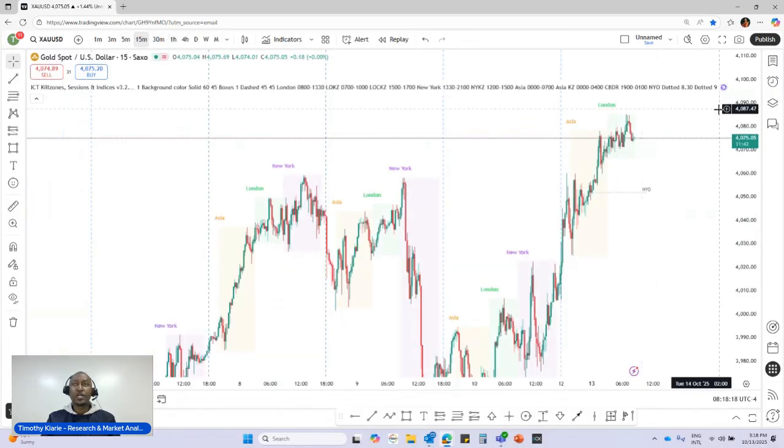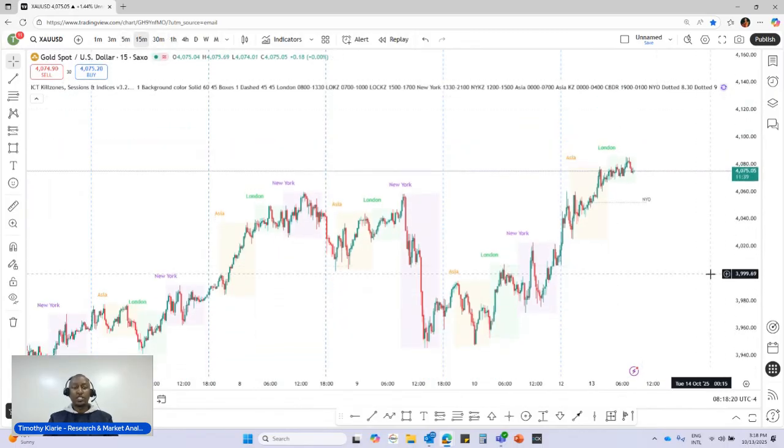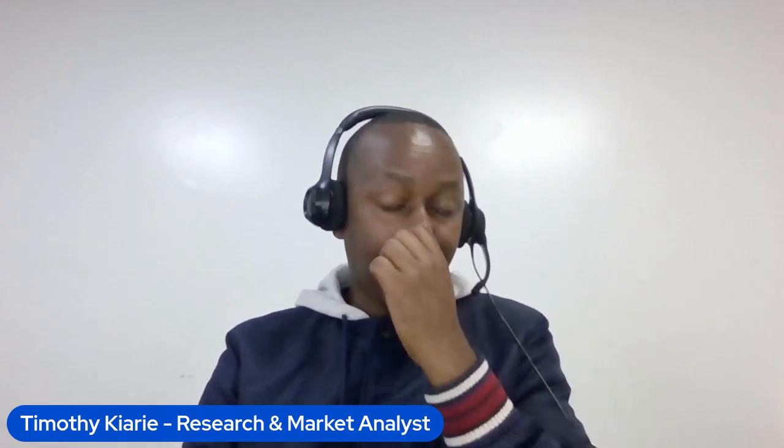So we are talking about pullbacks. What is a pullback in the financial market? Before we look at the charts, it's important to understand pullbacks. We can say that a pullback is a temporary, short-lived counter-trend move within an existing trend.